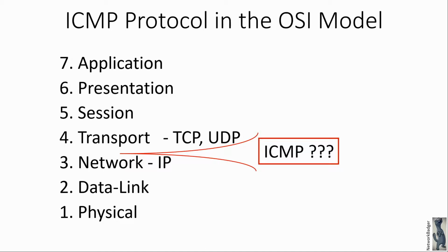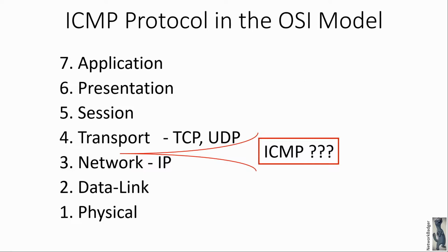Officially, ICMP belongs to OSI layer 3 right here. However, there is some debate going on about the validity of this classification because OSI layer 3 is responsible for determining a route or a path through the network in order to get something from source to destination, and layer 3 is also responsible for associated addressing, usually IP addressing.